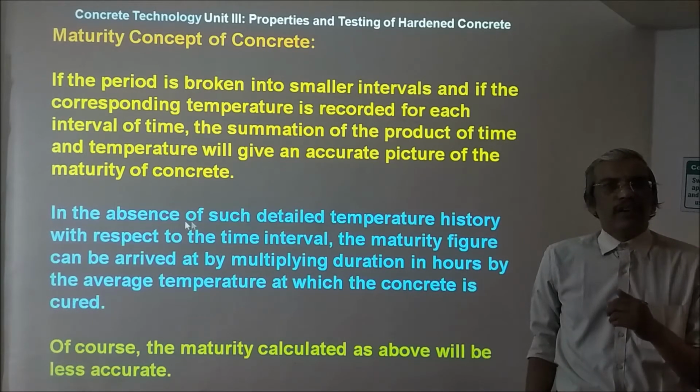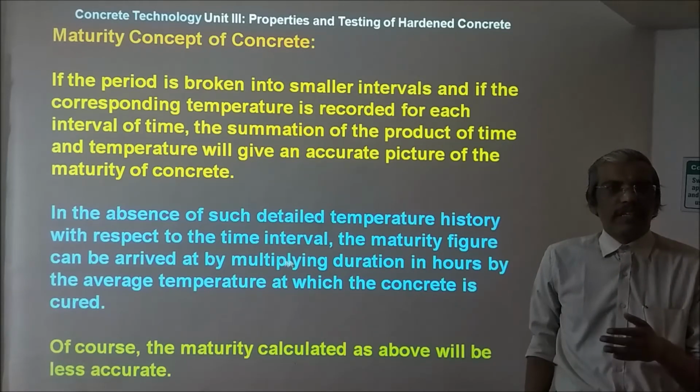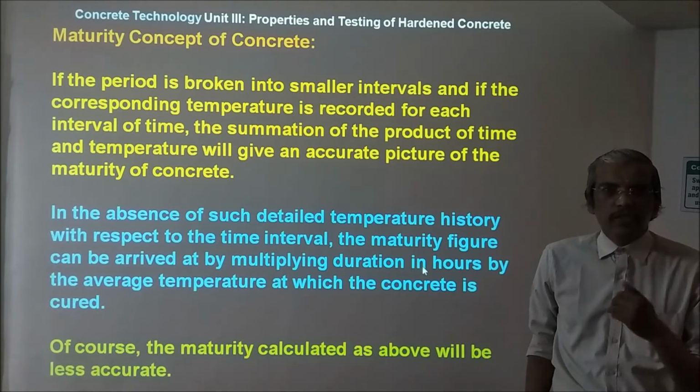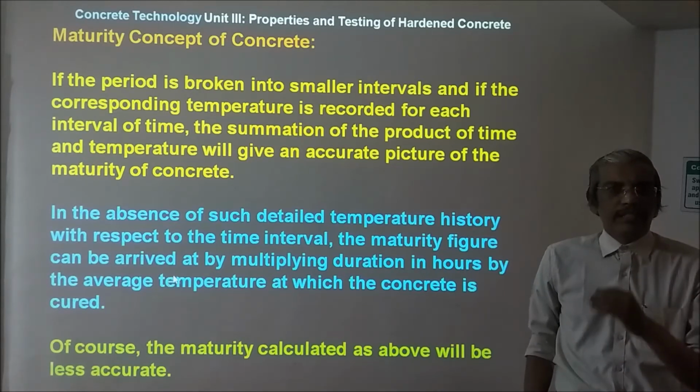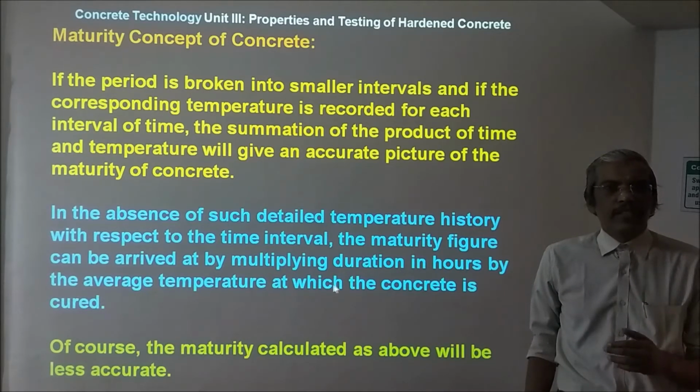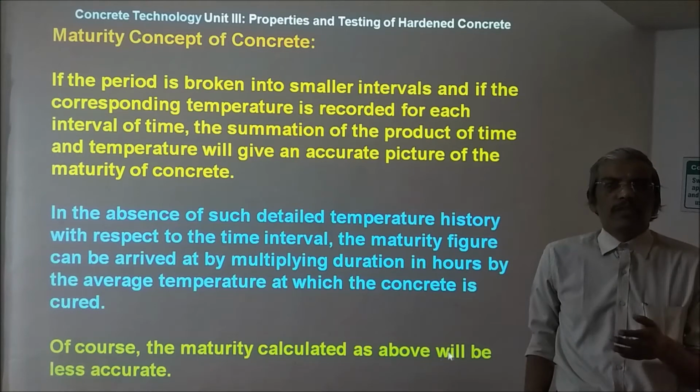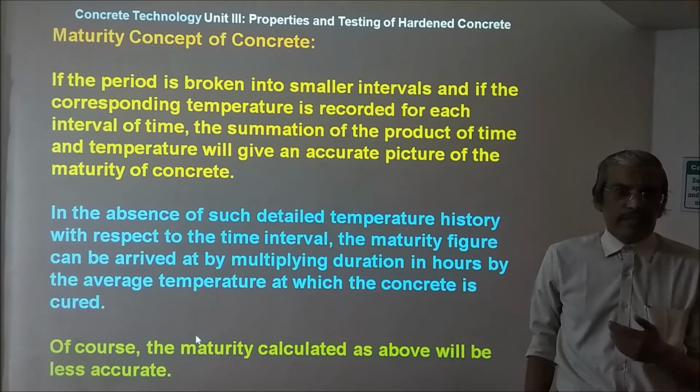In the absence of such detailed temperature history with respect to the time interval, the maturity figure can be arrived at by multiplying duration in hours by the average temperature at which the concrete is cured. Of course, the maturity calculated as above will be less accurate.